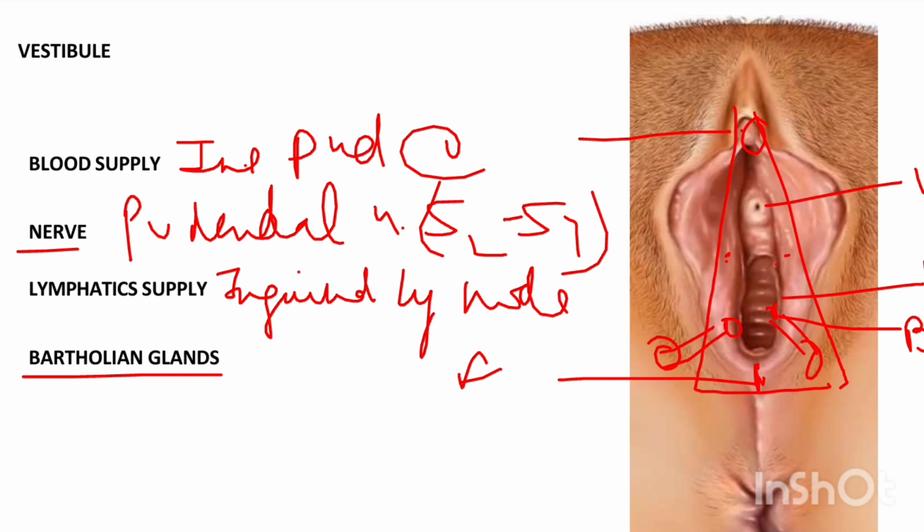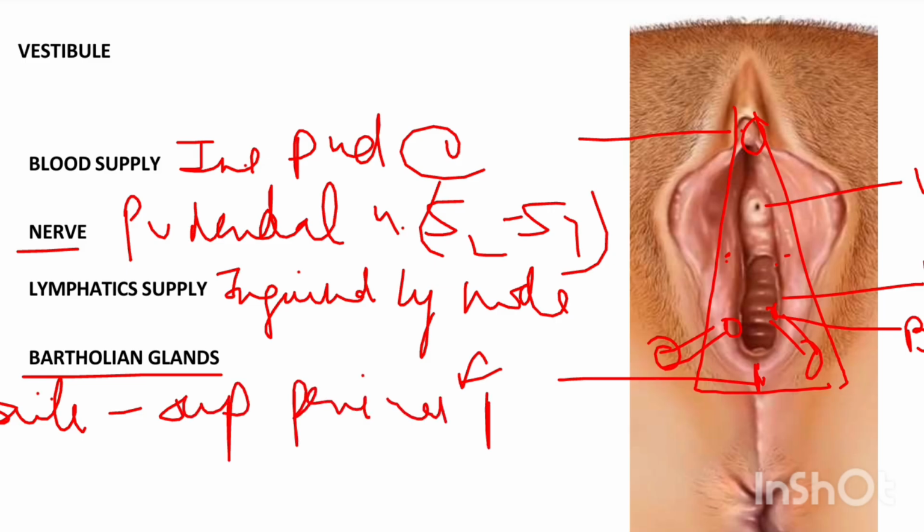There is some special point about Bartholin gland. What is the site of Bartholin gland? It is the superficial perineal pouch. It is lined by columnar epithelium. It opens at the junction of the anterior two-thirds and posterior one-third, in the groove between labia minora and hymen.